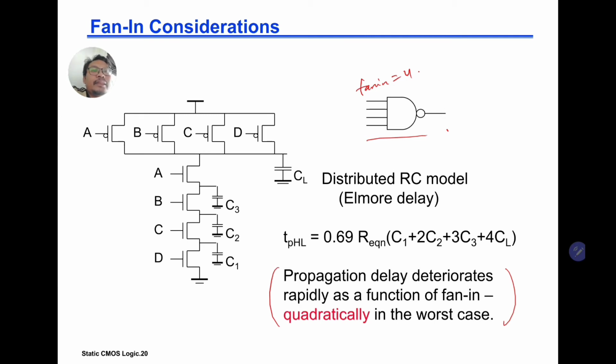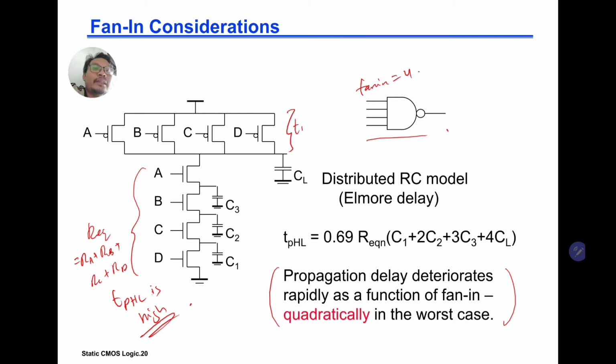The reason is, what is your R equation there? Your R equation is big. Your C is maybe smaller, but your R equation is equal to RA plus RB plus RC plus RD, so you have a large resistance. So your TPHL is high, especially on discharging.